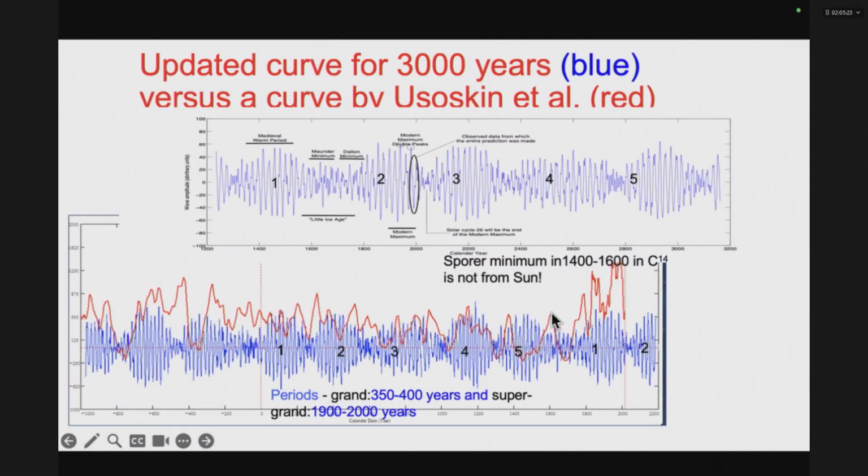So we looked at this specifically in this particular area, and what we discovered is that the Spörer minimum was actually an increase of carbon-14 that came not from the Sun. It was the explosion of the supernova Vela Junior, which is 600 light years from Earth, very close, which caused a strong increase of the background.